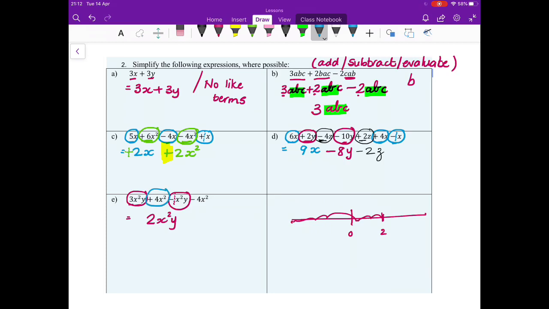I now go and have a look. 4x squared minus 4x squared. So my family name is the x squareds. Now I say plus 4 minus 4 is 0. And if I've got 0 of anything, I don't have anything. So my answer to this simplification is 2x squared y.